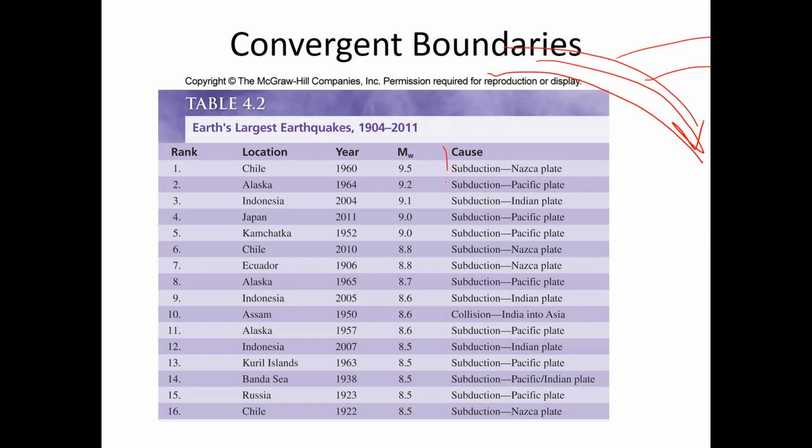You can see all of them, except one, which is still a convergent, continental convergent plate boundary, are subduction. So all of these largest earthquakes that have occurred on the planet are a type of convergent plate boundary. You can see the largest earthquake ever recorded was in 1960, magnitude 9.5, off the coast of Chile.